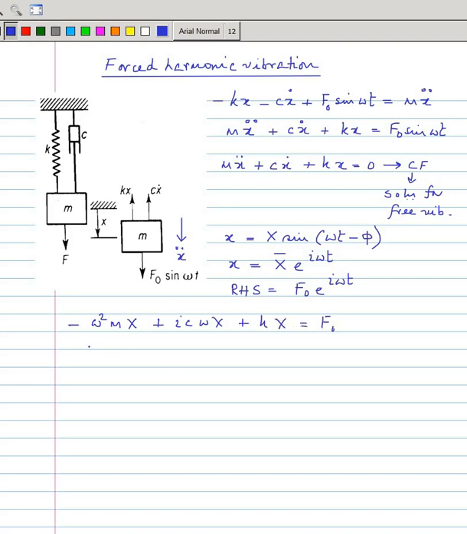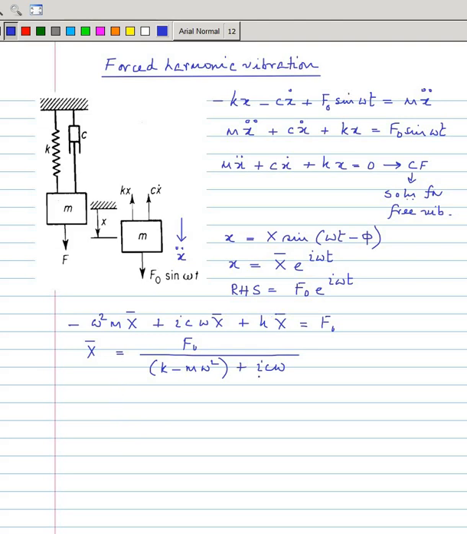F naught, or x bar is equal to f naught over the denominator. So we have got what is x bar.